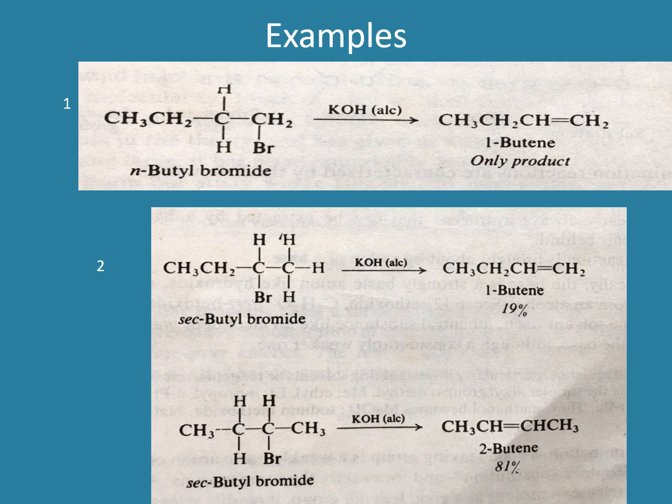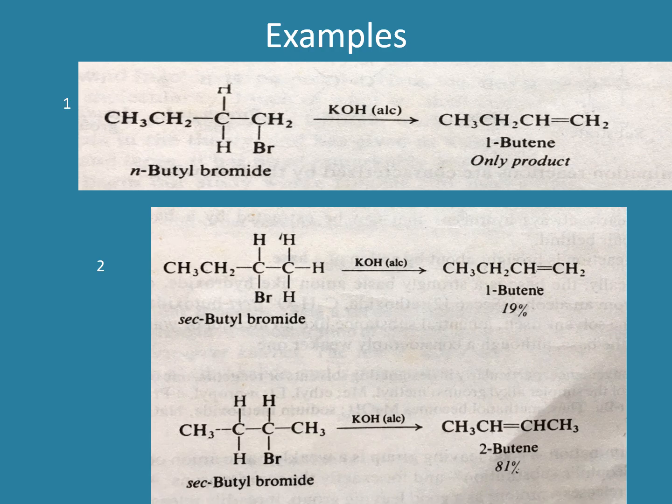In the first example, you can see that bromine is attached to the first CH2 group, the first carbon atom. So only one option is there. Only one beta carbon atom is there in that structure, the carbon atom which is attached to the carbon atom bearing bromine. From that carbon atom, hydrogen will be lost, and we will get 1-butene as the product. That will be the only product when n-butyl bromide reacts with KOH in alcoholic solution.